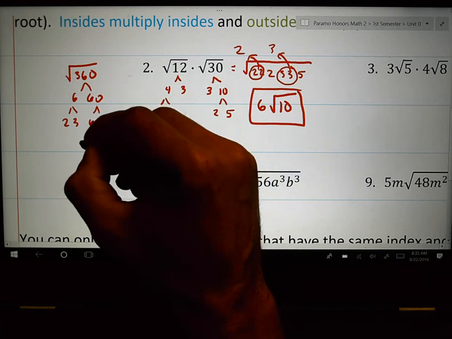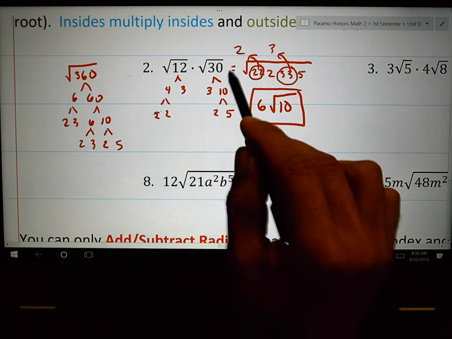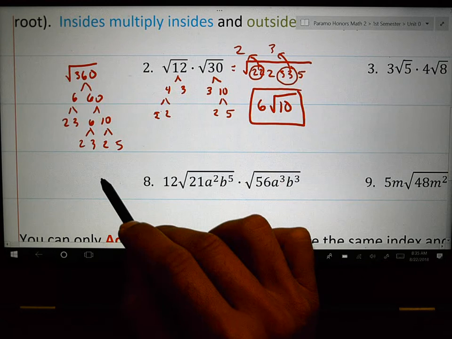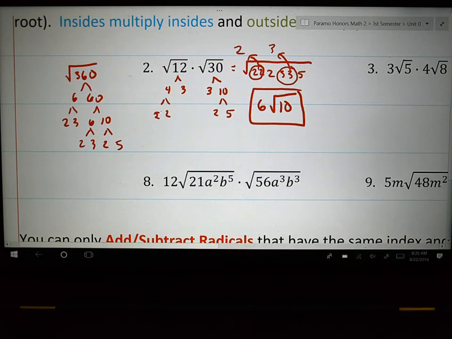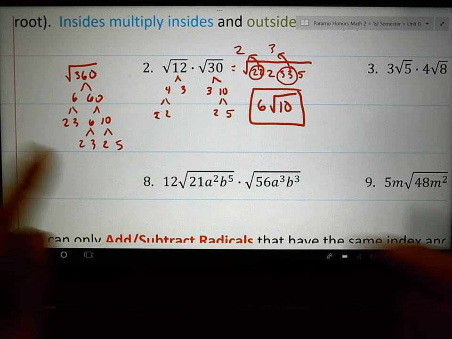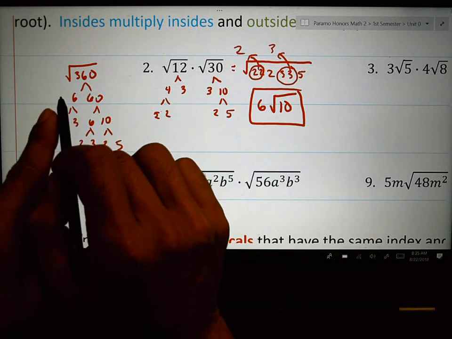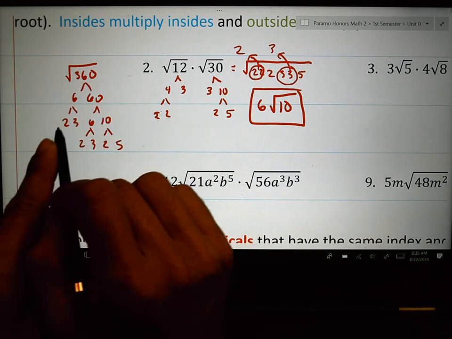I just don't see why you would want to make it bigger and then make it smaller. I would just make it smaller, put all the smaller pieces together, and look for pairs. I think it saves a step. That's my advice. I think that's the shortest way to do it. But like I said, you can still do it this way if you want to. It just makes it bigger, and then there's an extra step.